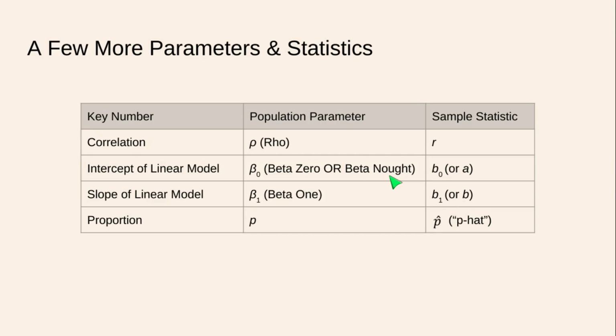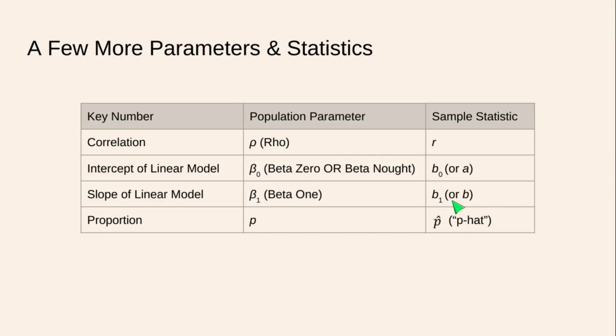Again, like R and rho, we have a sample statistic which corresponds to a population parameter. If we were to consider all possible data values we could study, the intercept of the linear model would be this Greek letter beta sub 0 or beta naught.